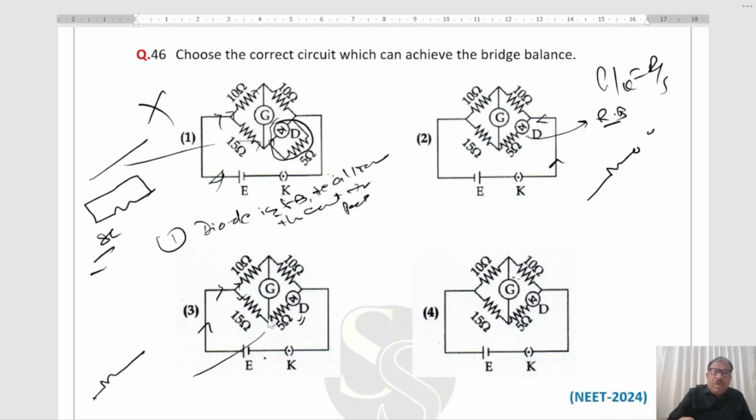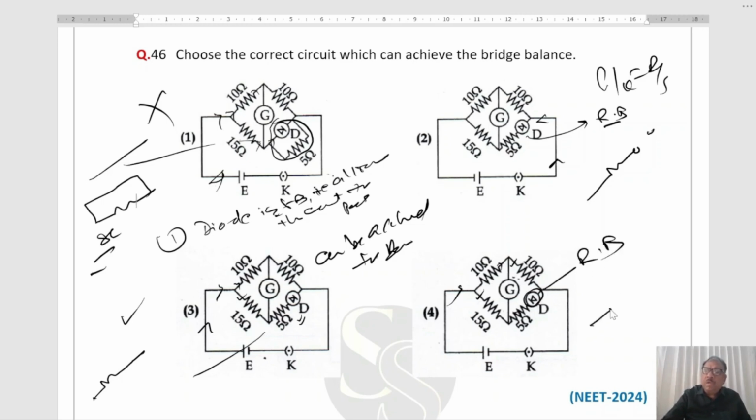Simple 5 ohm plus resistance this will be considered. So balance can be achieved. In this case, third option is correct option. Let's see fourth. It goes like this, like this, and like this. So this is reverse bias. Reverse bias means it will behave like open circuit, right? So this branch will not be there. It means only third option is correct.